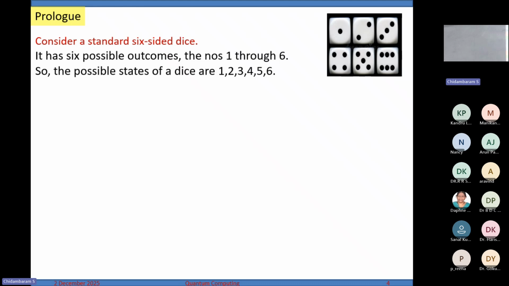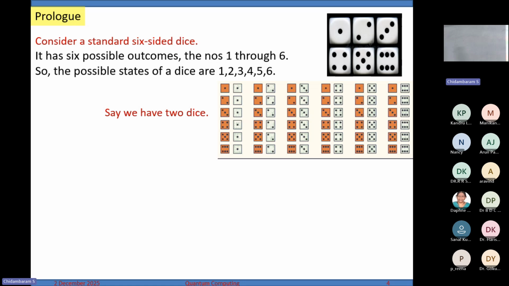So when I take a single structure which is called a dice, it has six sides, right? What are all the possible states? You can see, based on the number of dots that it has, 1 to 6. So I have a coin with two states, and now I have a dice with six states, right?